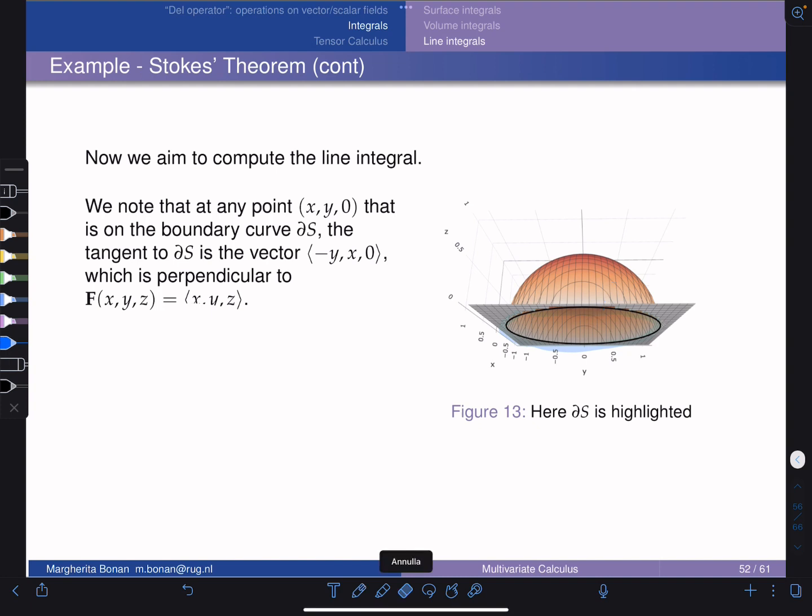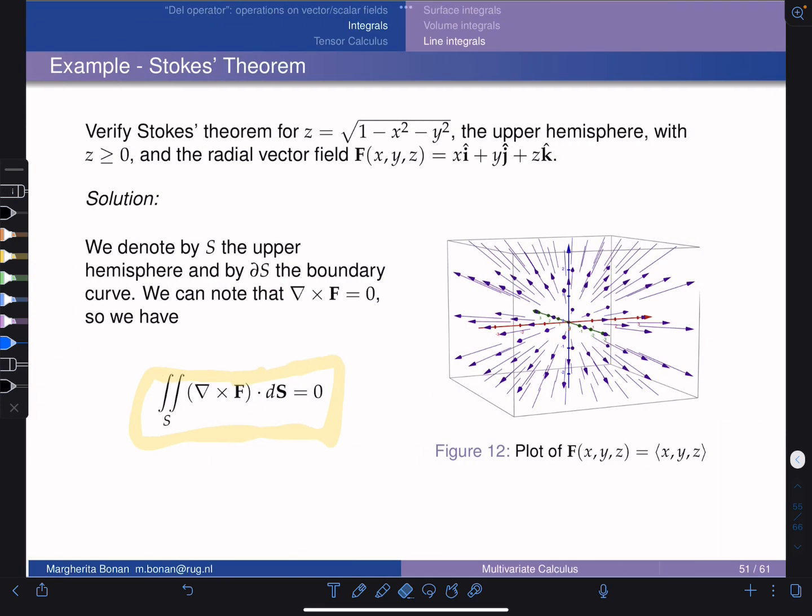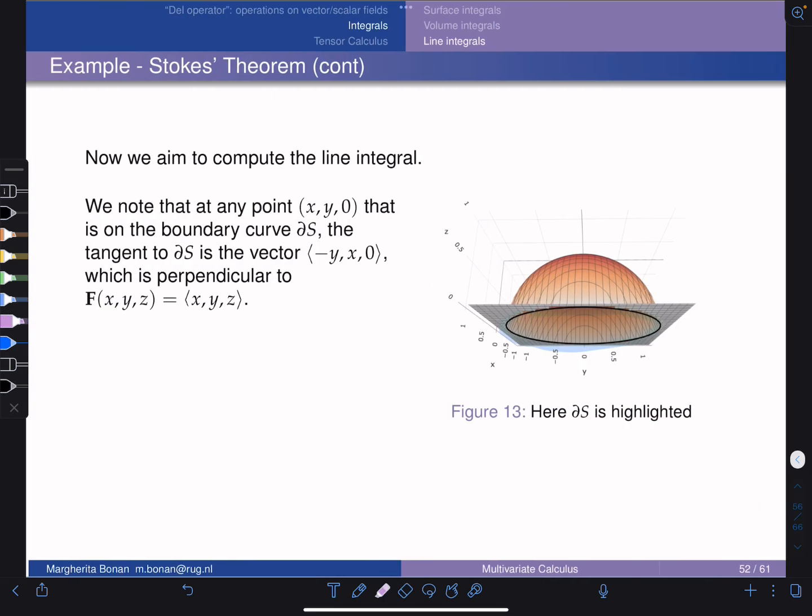Then we have that this vector is always perpendicular to the vector field that we saw before. The vector field we saw before is this one. We see that any vector that is tangent to the boundary curve is perpendicular to the vector field.